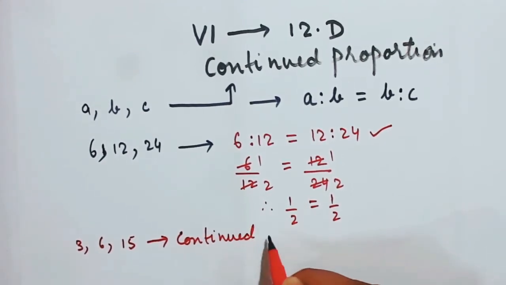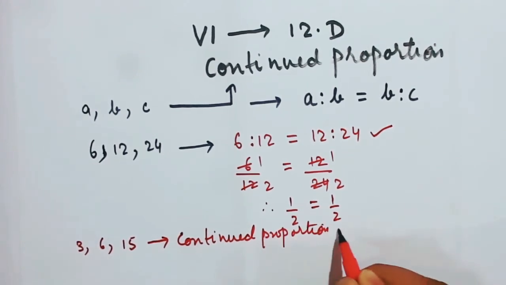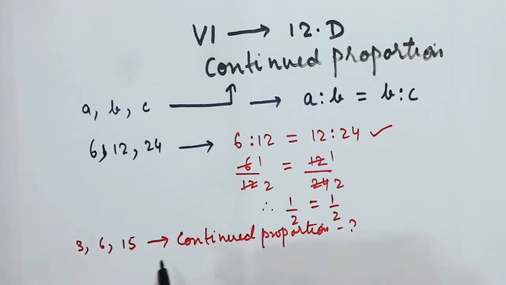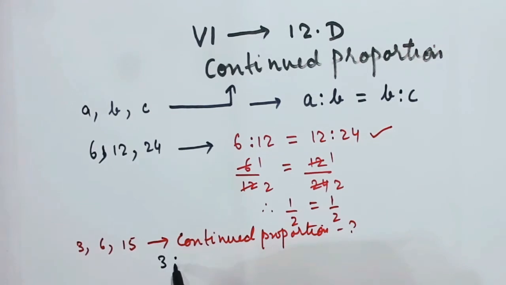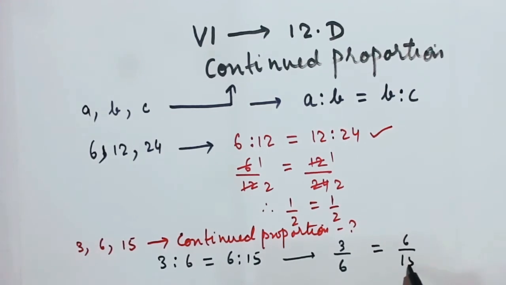So let us see. In order to prove that they are in continued proportion, the ratio of 3 is to 6 should be equal to 6 is to 15. Let's solve it. So 3 by 6 is equal to 6 by 15.